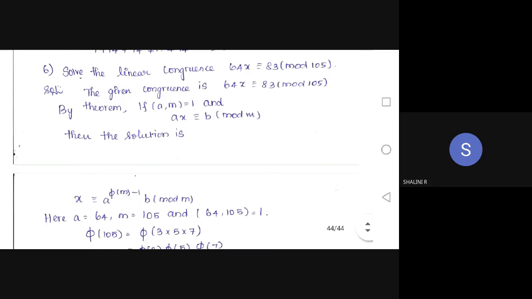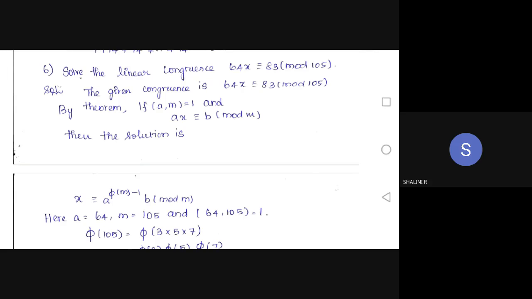Okay. So here 64x congruent to 83 under mod 105 is compared with the general form of linear congruence, that is ax congruent to b under mod m. So here the x coefficient is a, so a will be 64. Mod value m is equal to 105.